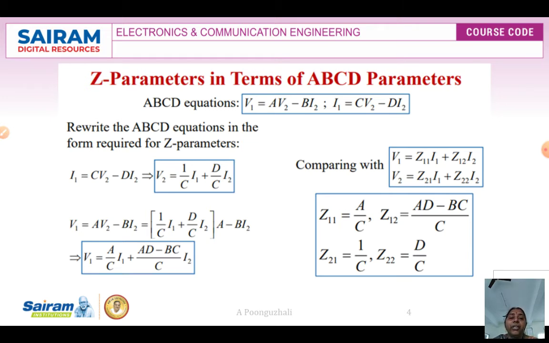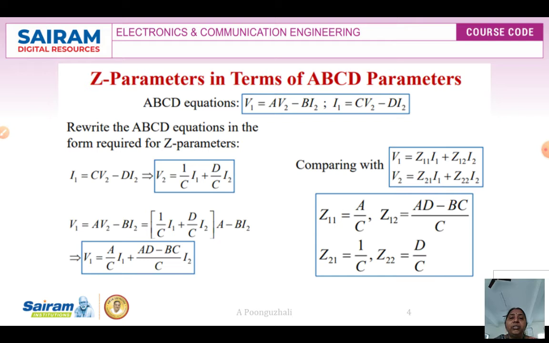Next is your Z parameters in terms of ABCD parameters. There is going to be no straight relationship, so we are going to derive it from the ABCD parameters. We know that the ABCD equations are V1 is equivalent to A V2 minus B I2, and I1 is equivalent to C V2 minus D I2. Now we will rewrite this expression because the Z parameters are in terms of V1 and V2.